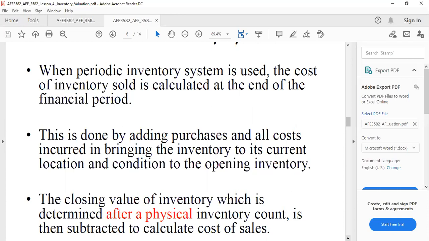But with the periodic inventory system, you do not record your inventory, so you will be forced to go to your market or wherever you are operating to physically count the number of items that you have left. And that's when you can get the closing value.